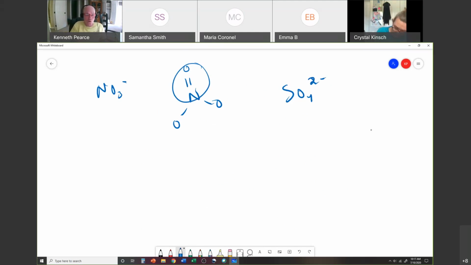And I think I'm going to go ahead and do an extreme example here. Let's do CO2, just to show you one more example of the difference of formal charges. Let's see if I can make this happen.